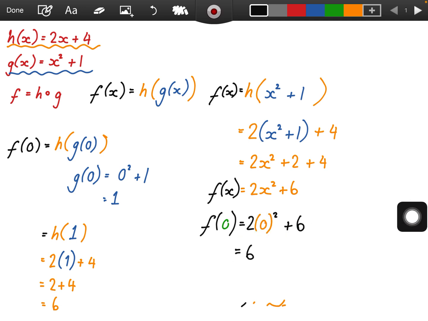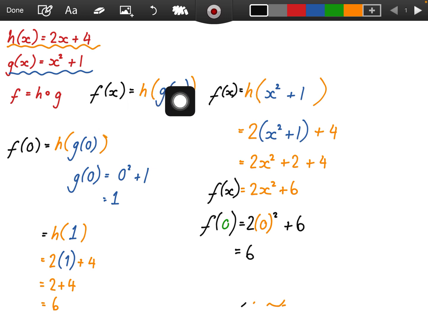If I was just asked for one input, this process might be a little bit quicker, and you can see the understanding of it. I'm applying the function h after I apply the function g to 0. So I'm applying it after I get an answer for function g on 0. Whereas over here, what I've done is I've first defined f as h after g of x.